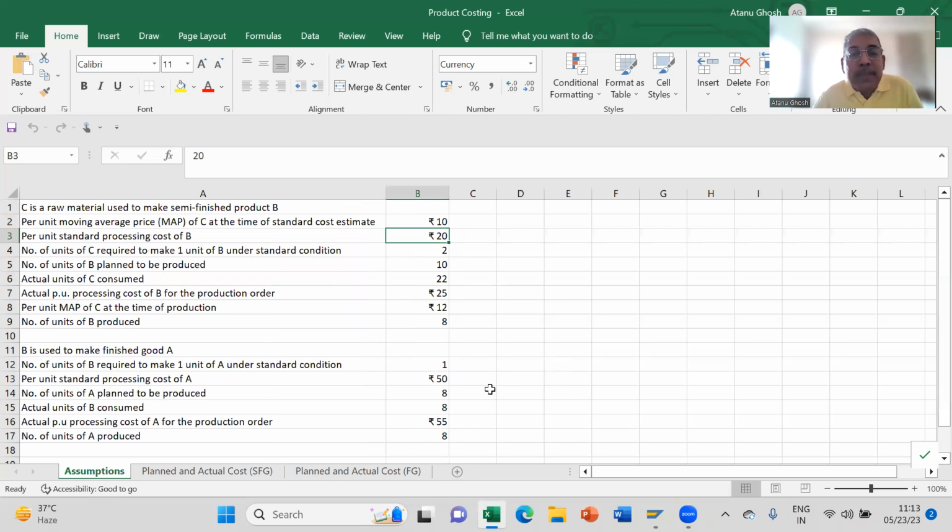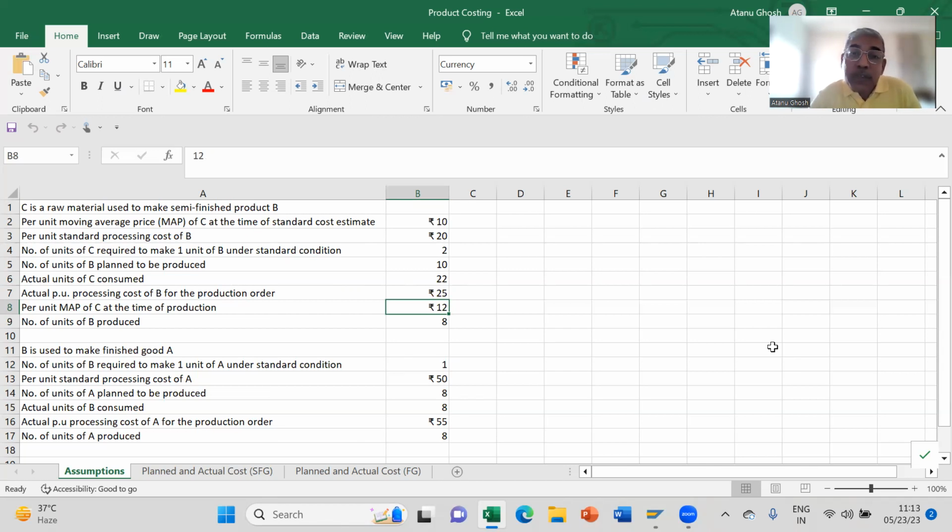We know that instead of 20 units of C, which should have been consumed to make 10 units of B, we consumed 22 units of C. So that's the actual quantity of C consumed, multiplied by the price at which C was, the prevailing price of C at that point of time, which is the moving average price of C at that point of time, which is ₹12. This is different from the moving average price at the time of standard cost estimate. So 22 into 12 will be the actual material cost.